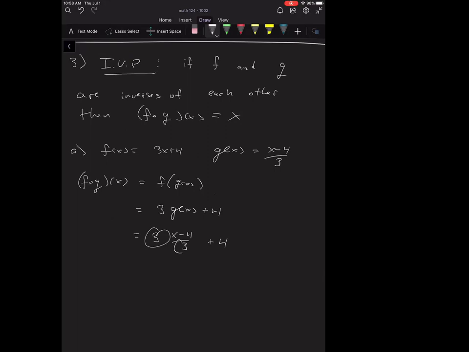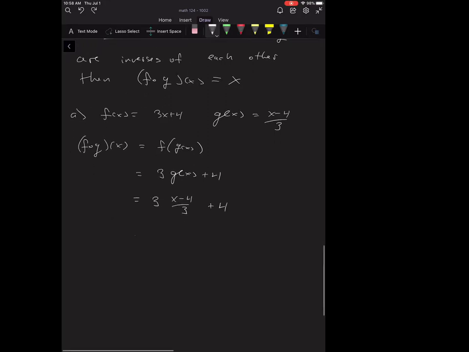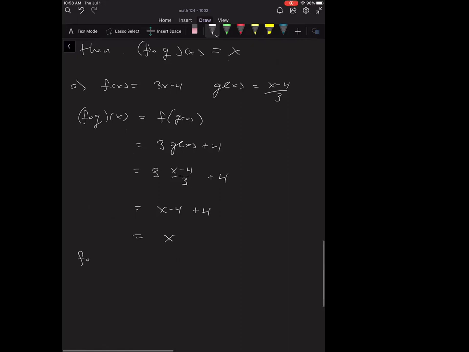So over here, these 3's are going to cancel, so we're just going to be left with x minus 4. So we'll have x minus 4 plus 4, which is just equal to x. So what we have is f composed with g does equal x. So what this tells us is that f and g are inverses of each other.